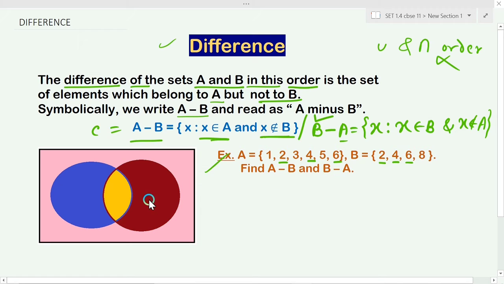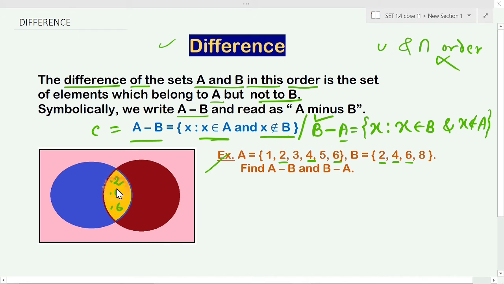These three elements are in the yellow region, that is the common area of these two sets.